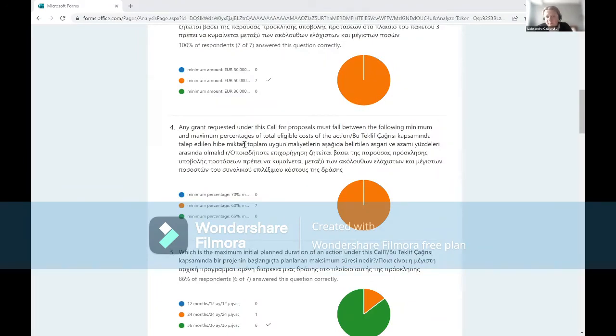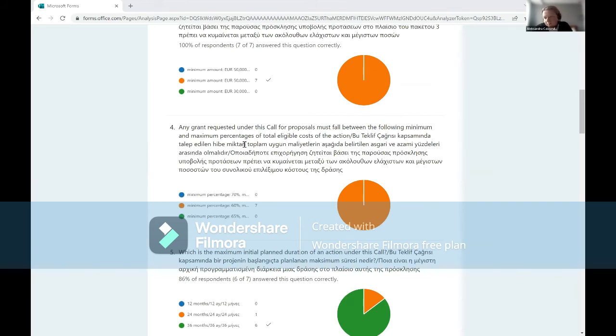Question number 4 as well: minimum and maximum percentages of total eligible costs. This is something where people sometimes also make mistakes, you know. They request, for example, 100% funding from the European Union, and it is not possible. There needs to be some co-financing as well.